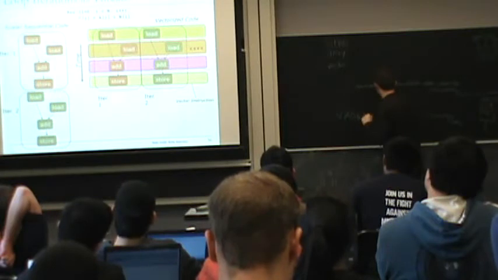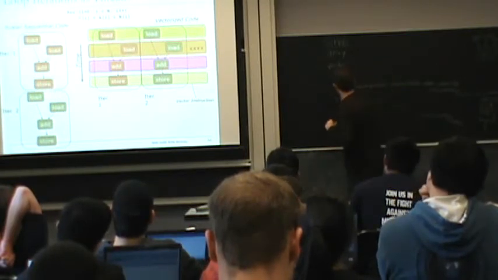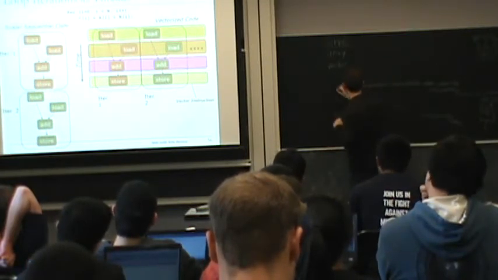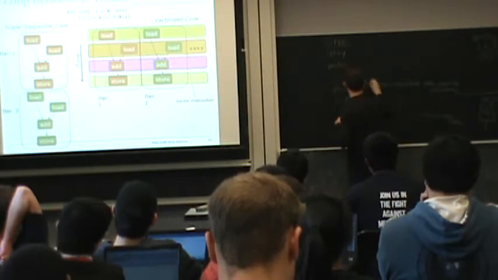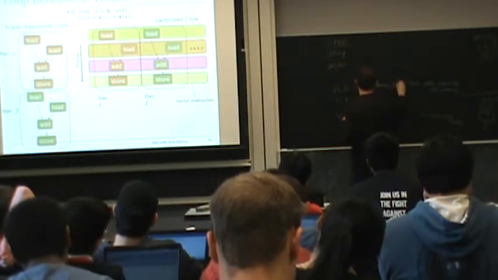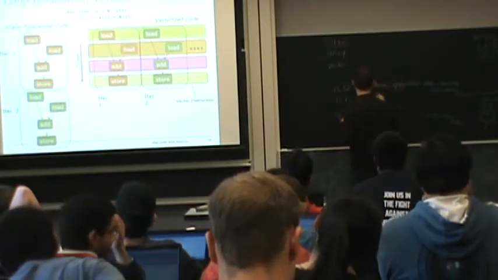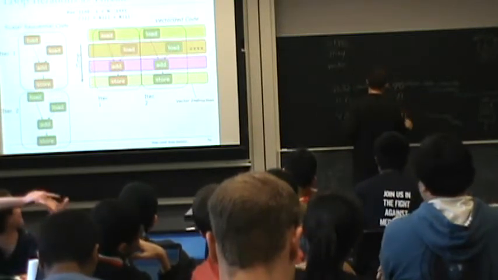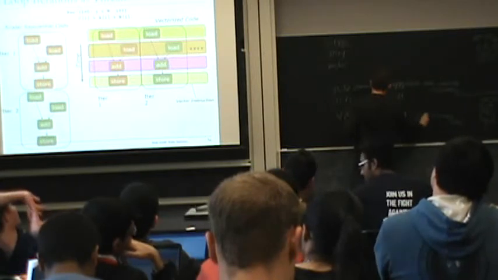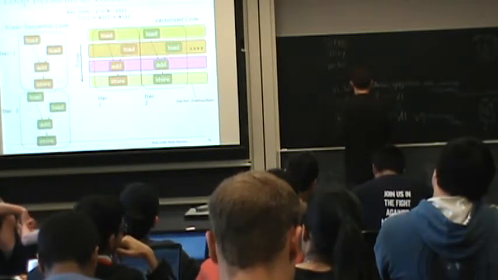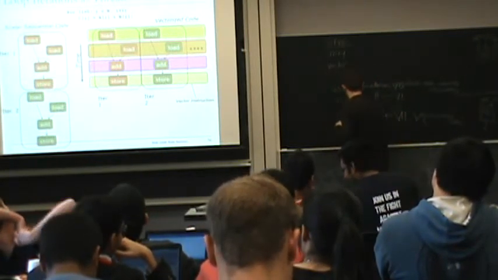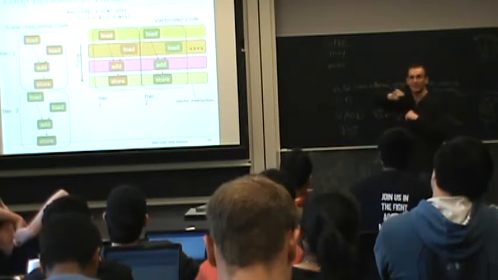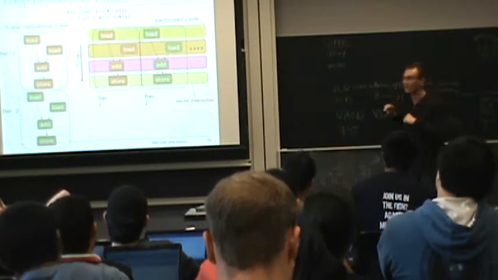You need to do a vector load of A into vector register 0, vector load of B into vector register 1, vector add vector register 1, vector register 2, store the results in vector register 3, and then you do a vector store. That's one way of programming this on a regular vector machine.